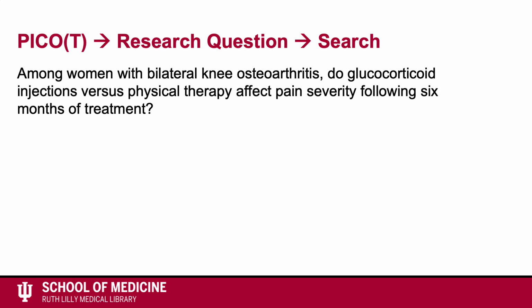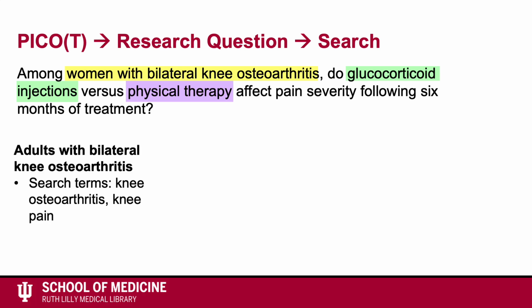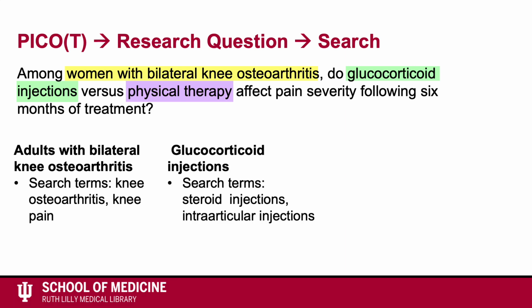So I have 3 main concepts in my search. I have women with bilateral osteoarthritis, I have the concept of steroid injections, and the concept of physical therapy. We can then use that to break those concepts into terms that we might want to search. So again, we've got this concept of bilateral knee osteoarthritis, some additional terms we can use to search are here.